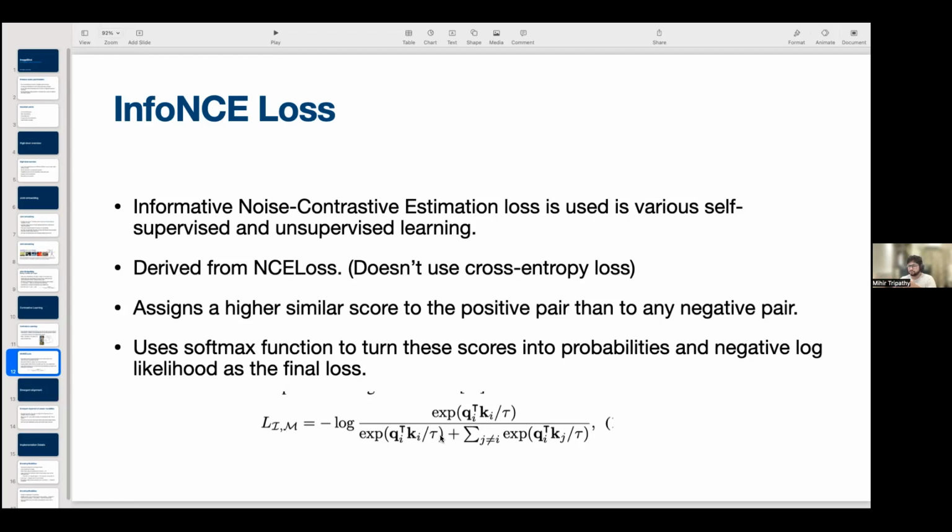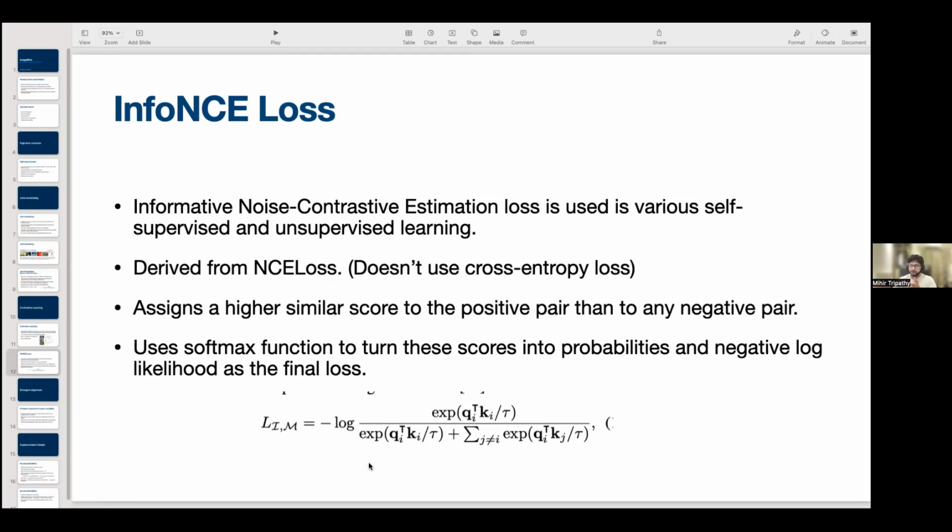Then it uses a softmax to turn these into probabilities, and it is then put into the negative log likelihood for the final loss. As you can see, this uses the exact same terminology that is used for image encoding, Q of I and the other modalities. This is the same formula which is in the paper.